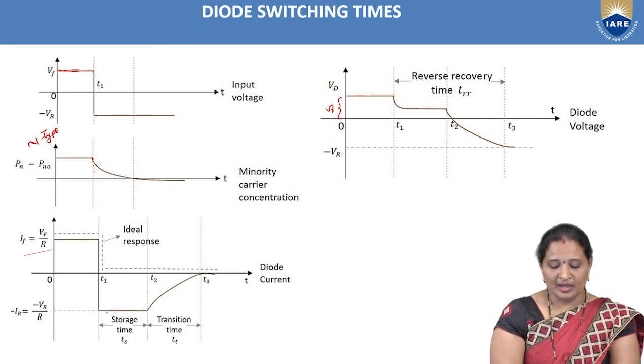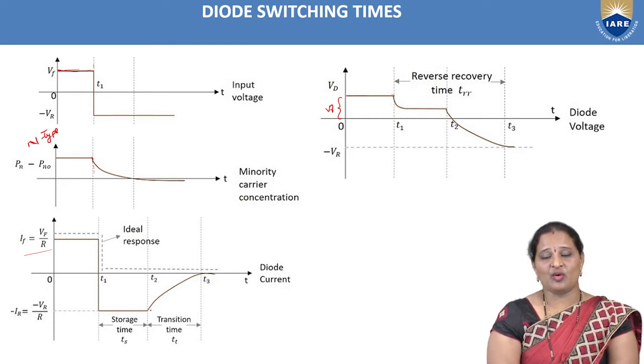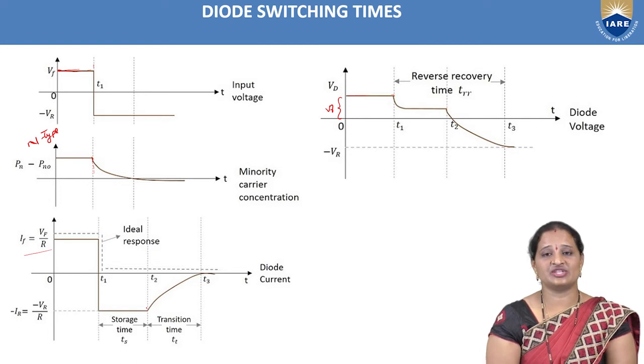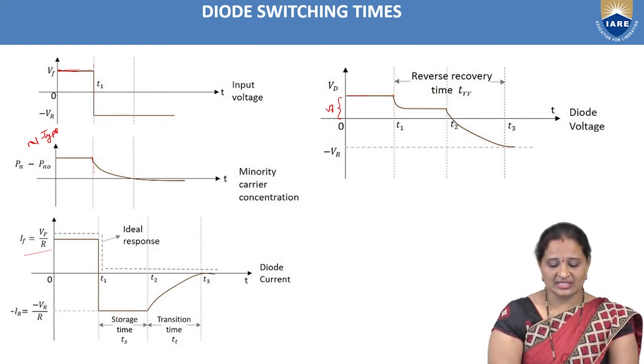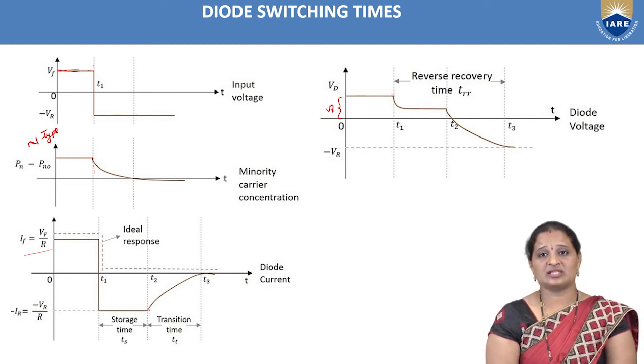The time required for the diode to remove the excess minority charge carrier concentration is called the storage time. This is TS, during which the process of removing the excess minority charge carrier concentration is done.